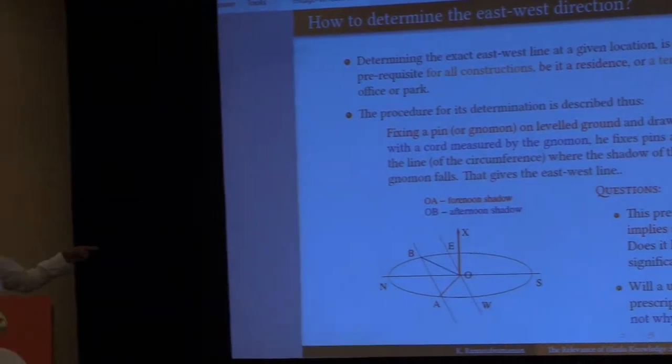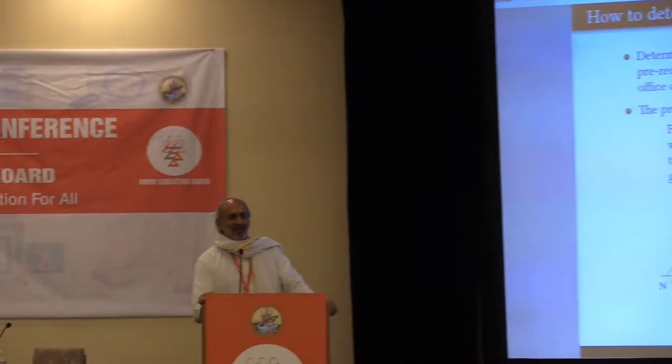Wherever the shadow intersects the circle, you mark those points, and that will give you the east-west direction. There is a very minute correction which has to be done for this, and that has also been taken care of in certain astronomical texts composed at a later date. The reason I am saying this is that it is a very interesting experiment which can be performed by school children in order to understand and appreciate how the direction is determined. So this teaches you a lot of things. Next please.